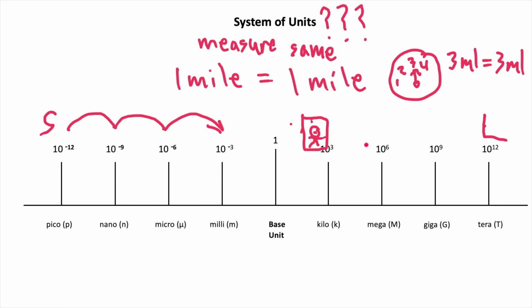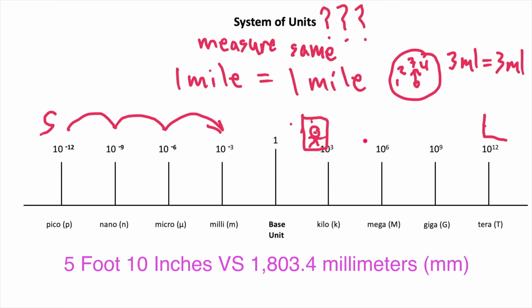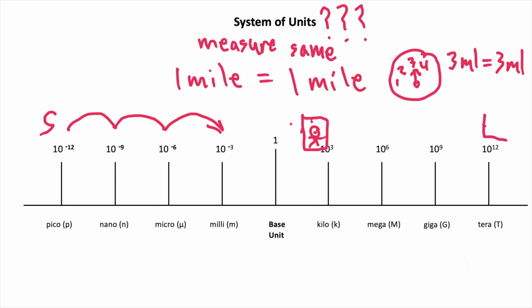Similarly, I am 5'10" tall, but if I was to say 1,803.4 millimeters tall, then it could make it more difficult to understand because that level of precision is not required in that context, or in most situations where my height would be considered. So you can see the units that we use also relate to the context of their use. Sometimes it can be unnecessary to use one unit over the other.